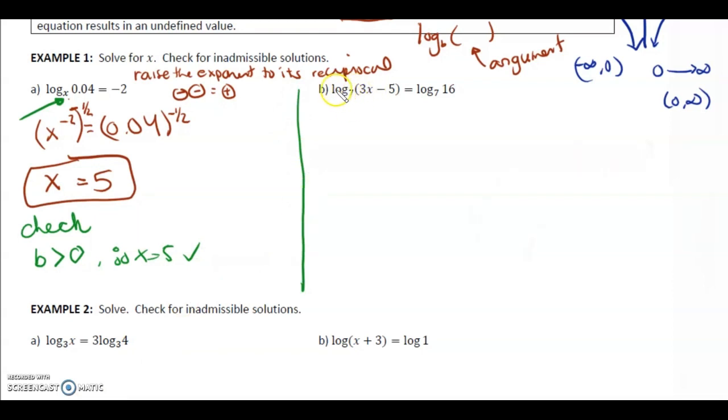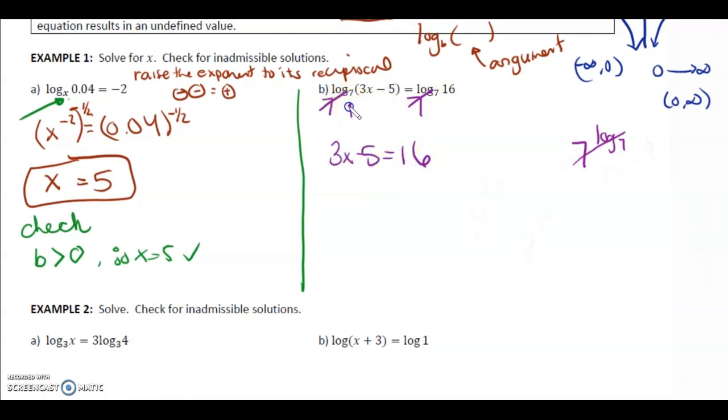For B, we have log base 7 of 3x minus 5 equals log base 7 of 16. We know that 7 to the log base 7 will cancel out, so I'm going to raise both of these to the 7. Those are going to cancel, and we're going to have 3x minus 5 equals 16.